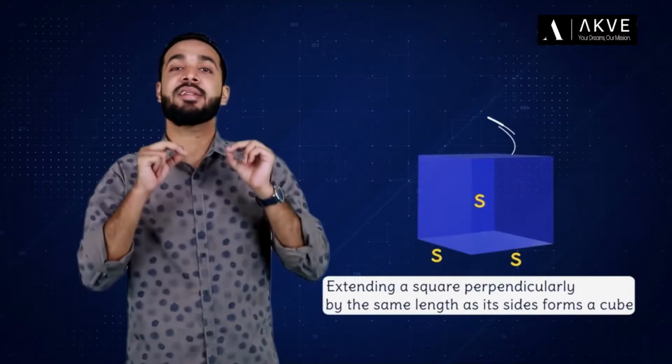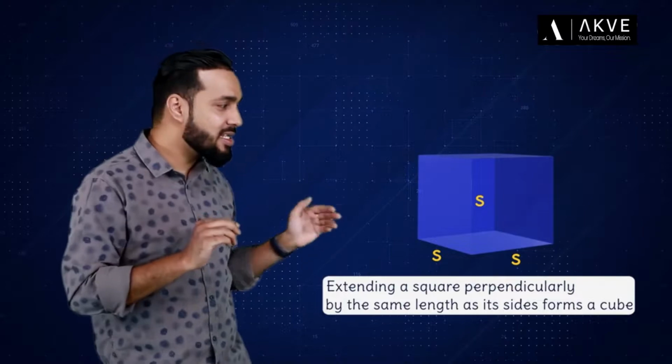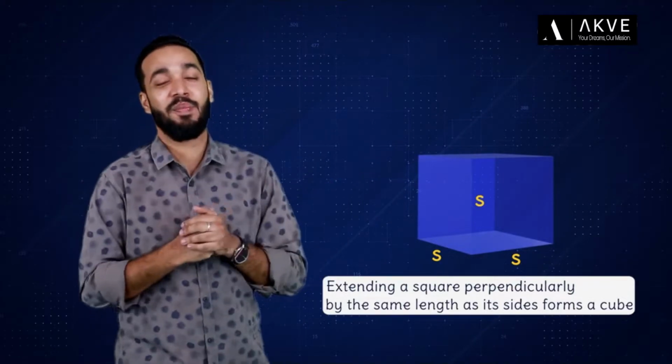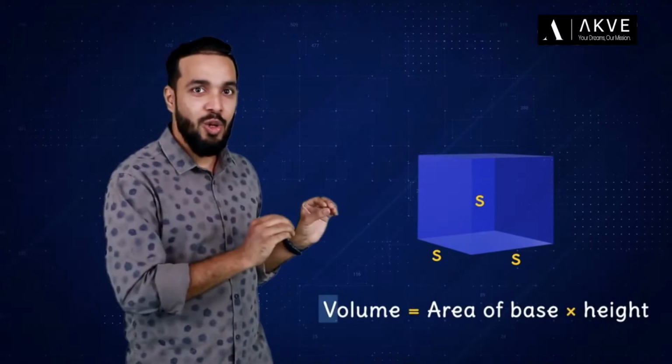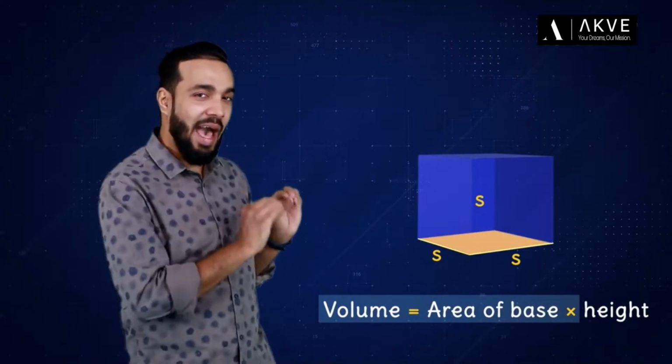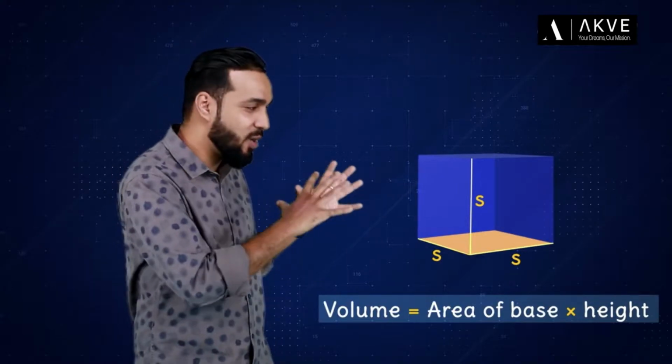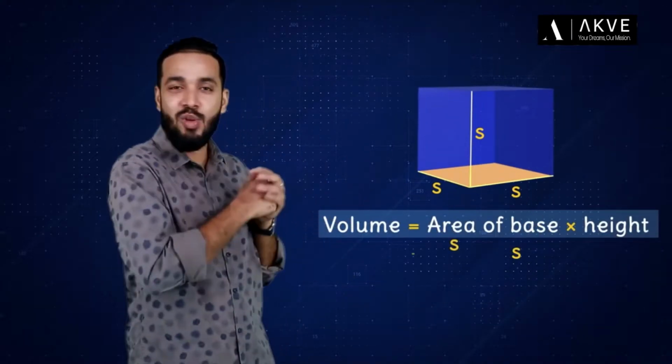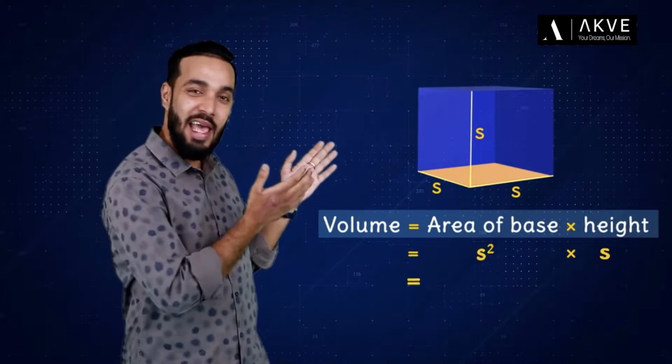Quite similarly, we took a square and extended it by the same length as its sides, and we got a cube. So here again, the volume is just the product of the base area and the height with which it got extended. So, s squared into s gives us s cubed.